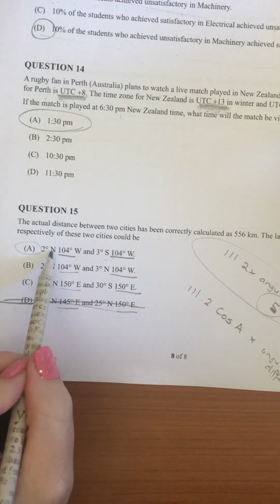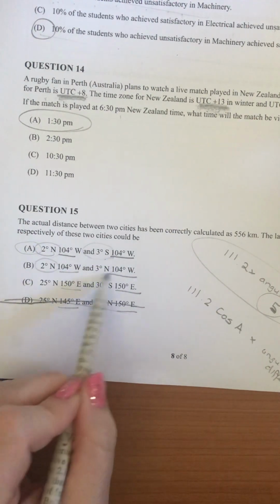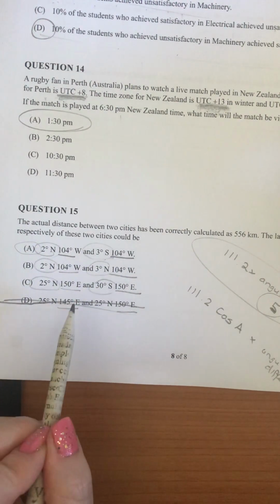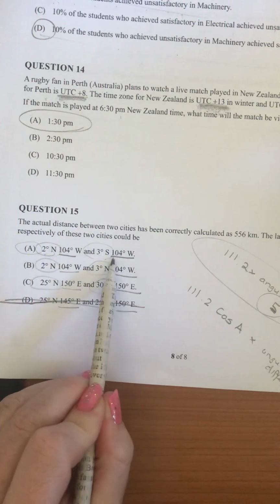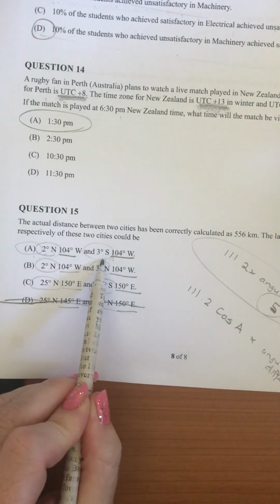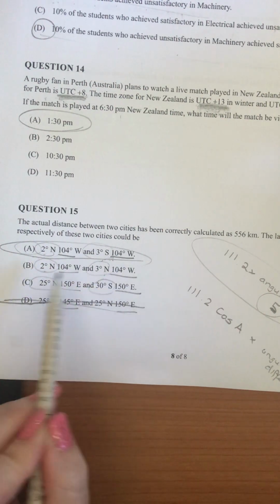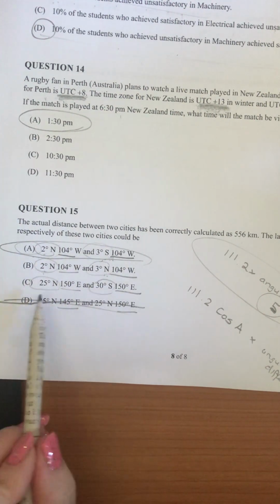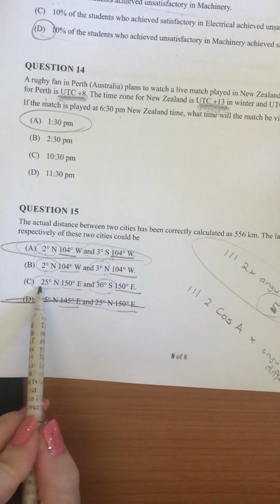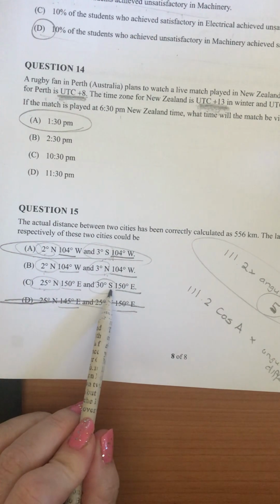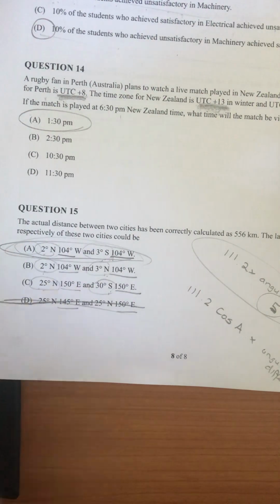So I want to look at these two numbers and see which ones have a difference of 5 degrees. If I'm north and south, that means I'd add them. So 2 plus 3 is 5. Here I've got north, so I would be subtracting. 3 take 2 is 1. Here I've got north-south, I'd be adding, which is 25 plus 30 is 55. So my answer is A.